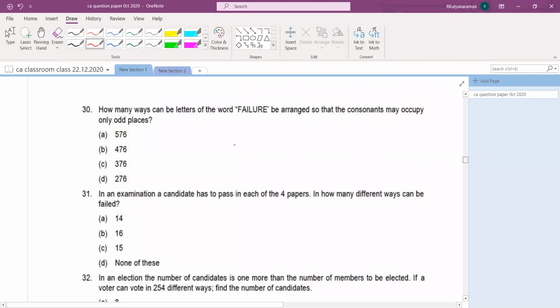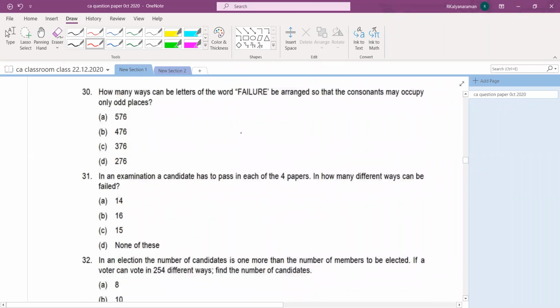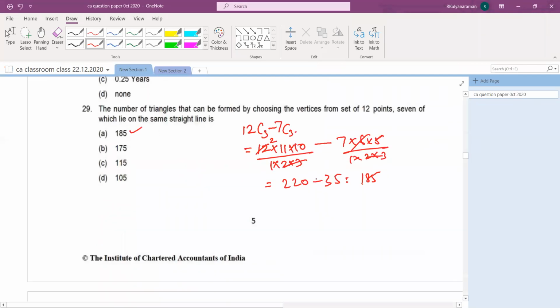Okay, 29, I'll tell you again. A triangle is a composition of three points at a time. You know that a triangle is formed with 3 points. So out of 12, how many ways can you choose 3 points at a time? That many triangles you can form. But the concept is that 7 points lie on a straight line.